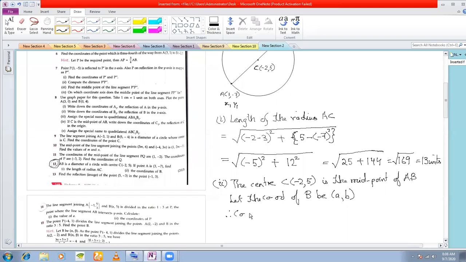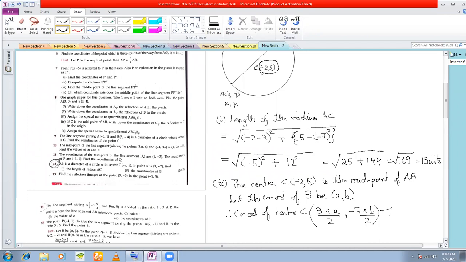Therefore, coordinates of center C, x1 plus x2, 3 plus A divided by 2, and minus 7 plus B divided by 2. This should be the coordinates of the center, but the coordinates of the center C is given to be minus 2, 5.